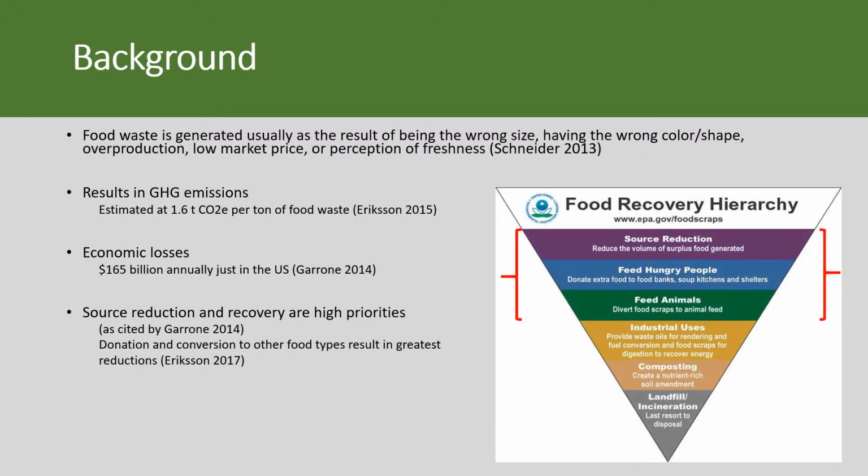And one study even denoted that donation and conversion to other food types end up resulting in the greatest reductions. However, most of the studies that I came across are just scenario analyses based on point data and don't particularly use GIS strategies when studying this issue.